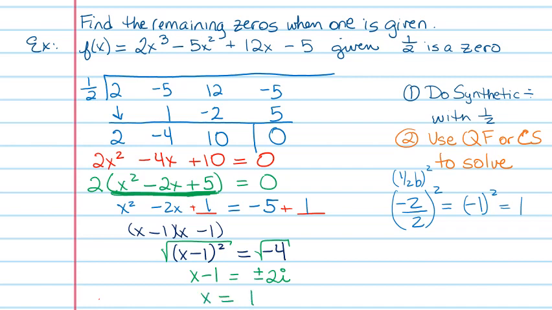So I get 1 plus or minus 2i. So my answers, my zeros, are 1/2, which is the one that they gave me, and then 1 plus 2i, and 1 minus 2i.